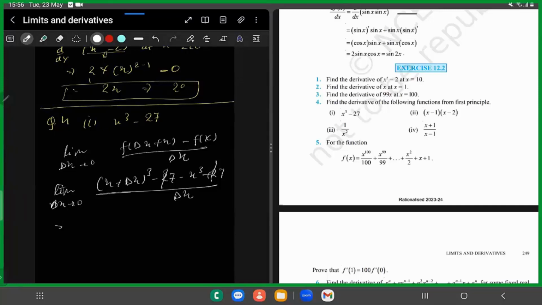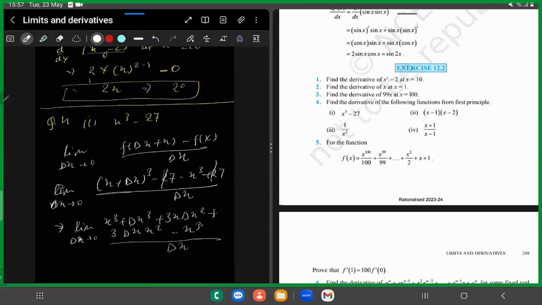So this will give limit delta x tends to 0 of x cube plus delta x cube plus 3x (delta x) whole square plus 3 delta x x square minus x cube by delta x.